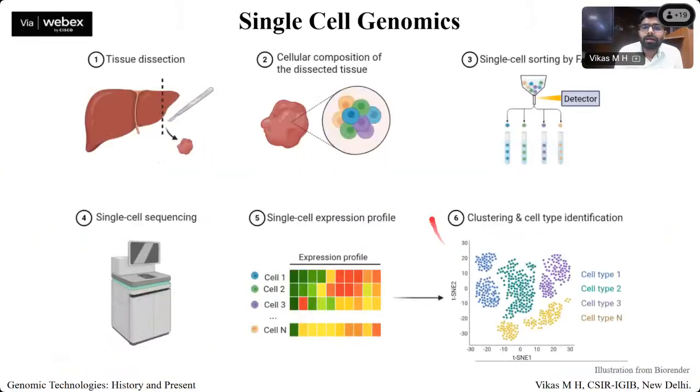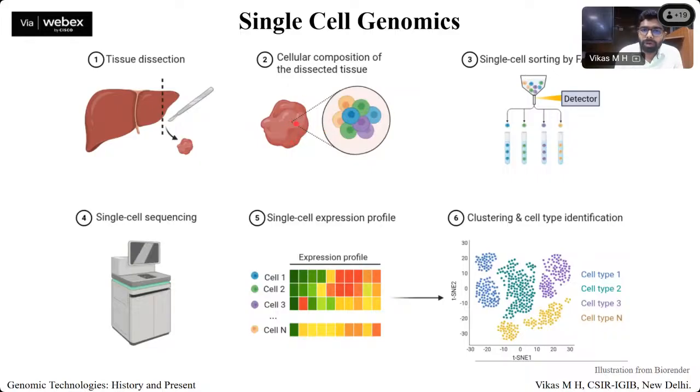A recent development in genomics is also single cell genomics. Before sequencing, what you will be doing is sorting the cells. Say you are able to take a particular section of a tissue, and then you are taking different cells together.